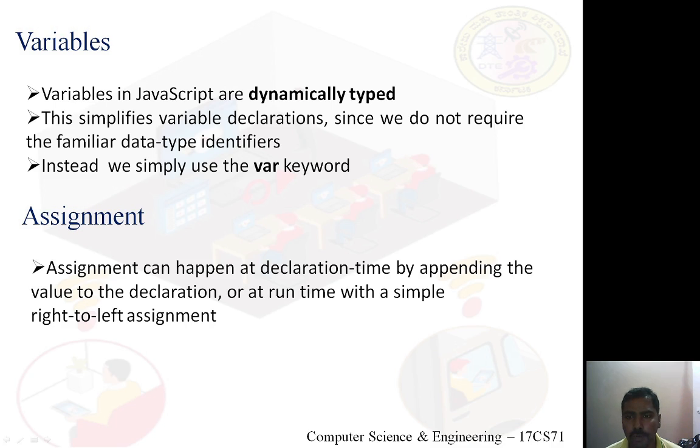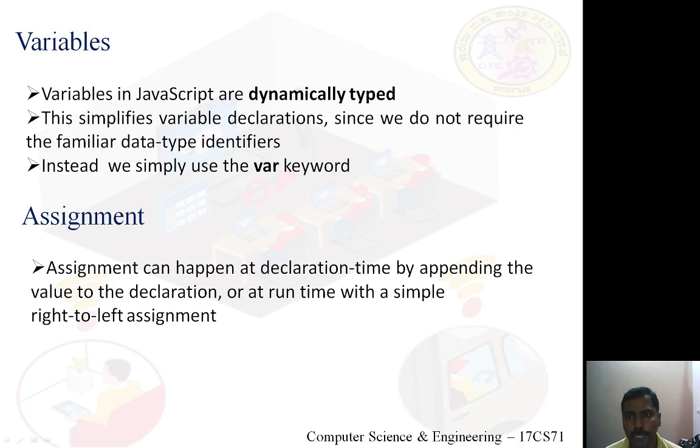We only have one keyword, var. We'll make use of the keyword var to declare any variable, and that variable could store a value of any type, maybe an int, maybe a float, maybe a string, or maybe even an object. So let me repeat.